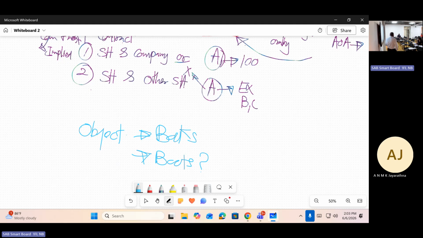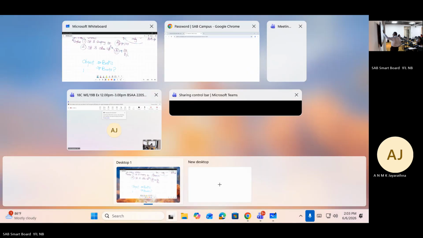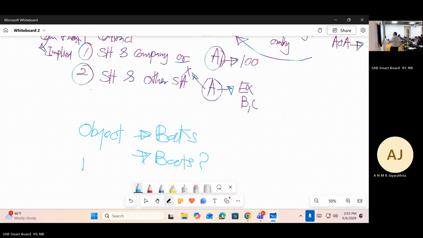Here we have to consider common law as well as the Companies Act.